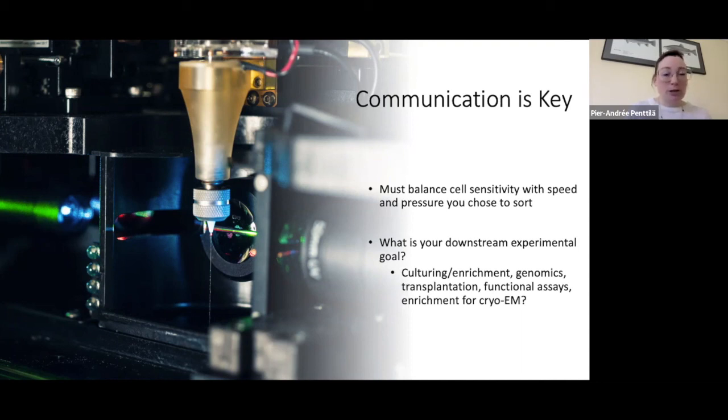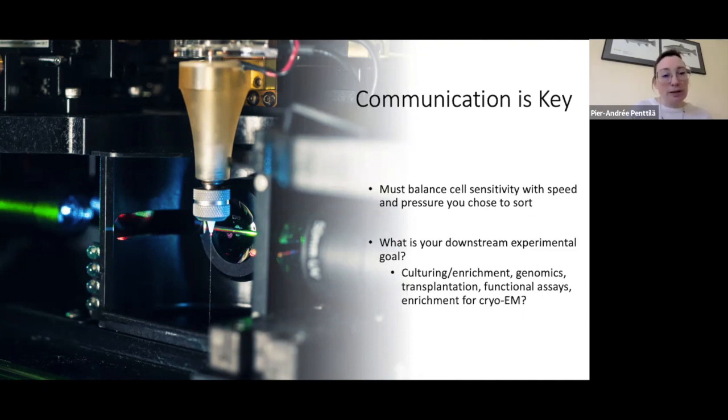Is it transplantation, any kind of functional assays? Or is it enrichment for cryo-EM? All of these different types of downstream experiments will affect the different nozzles or other parameters that we choose to tweak on the cell sorter in order to get you the best possible downstream results.